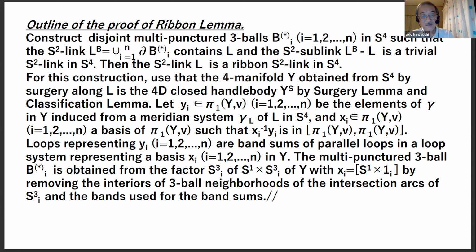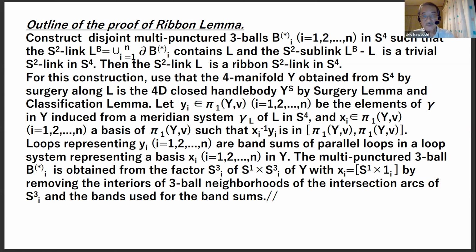Let y_i be the elements of the fundamental group of Y induced from a meridian system of L in S4, and x_i a basis of the fundamental group of Y. Some base change is made, so that x_i inverse times y_i is in the commutator subgroup of pi_1 Y, the free group. The elements represented by y_i are band sums of parallel loops in a loop system representing a basis x_i in Y.